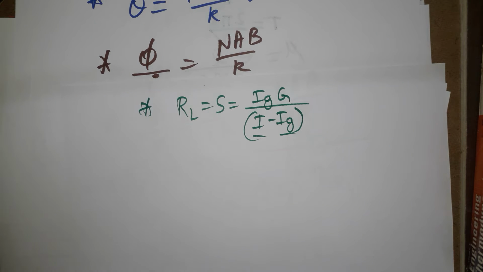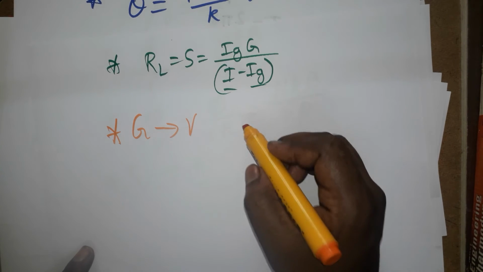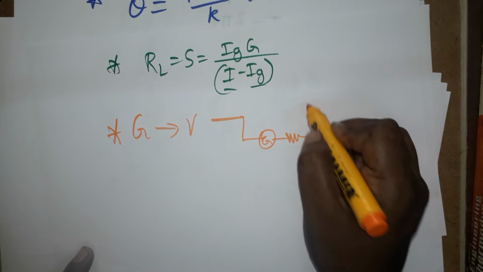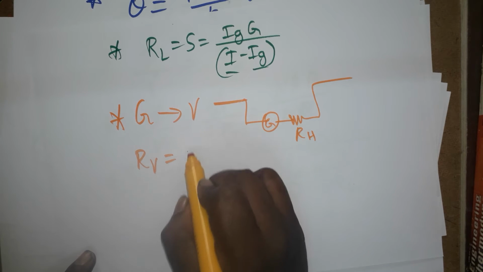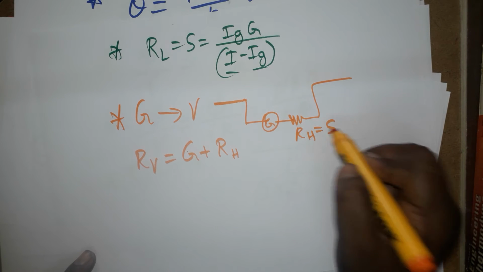The next formula, galvanometer to voltmeter. When we are doing that, it's going to be the galvanometer and a high resistance in series. So the total resistance of the voltmeter is the galvanometer resistance plus the shunt resistance, which we can call RH.